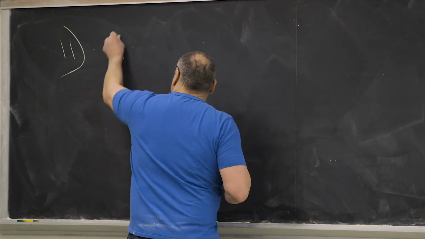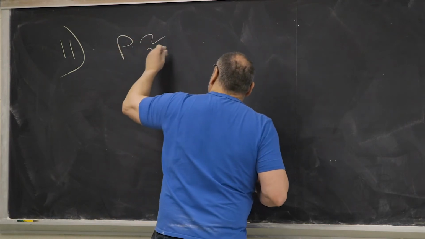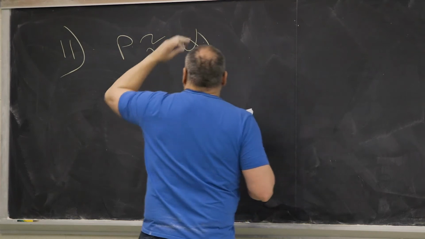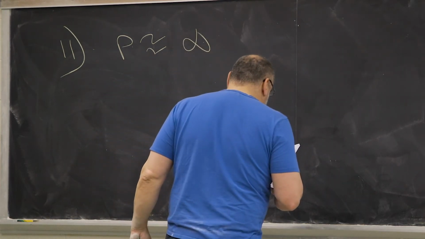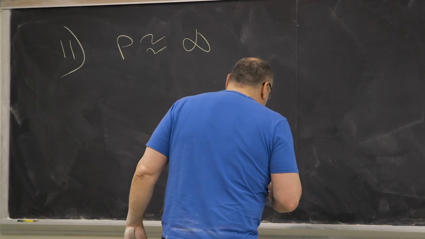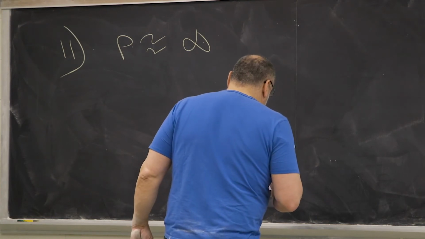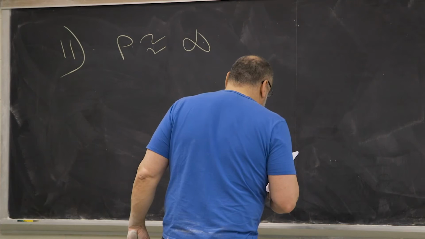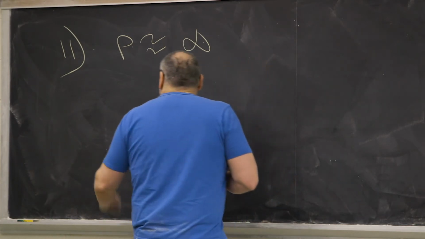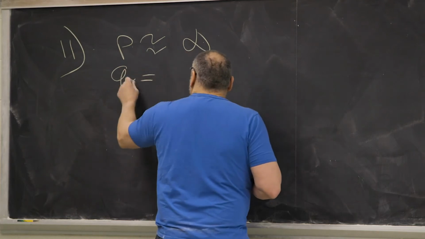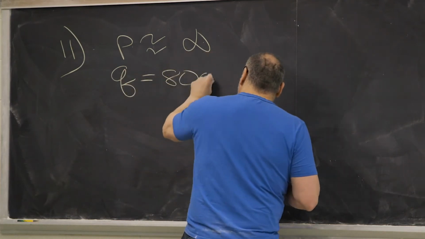If an object is almost infinitely far away, he's got to be able to see it. So the image has to occur at 80 centimeters in front of his eyes.